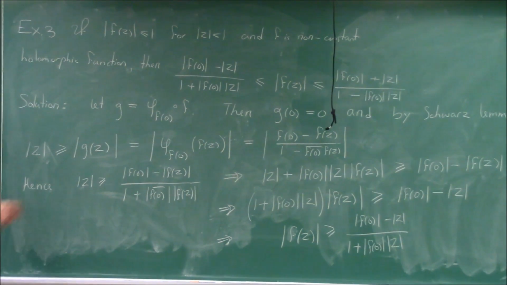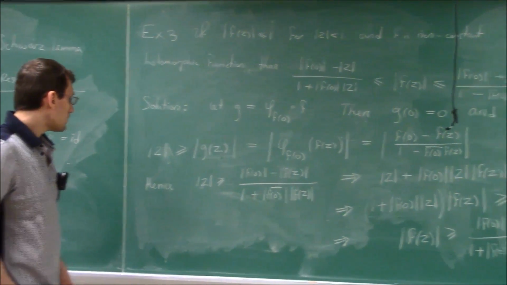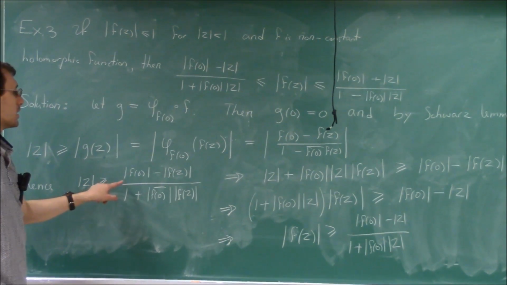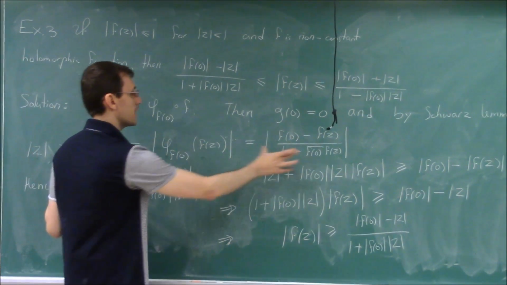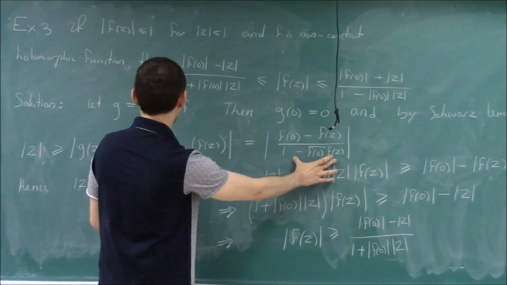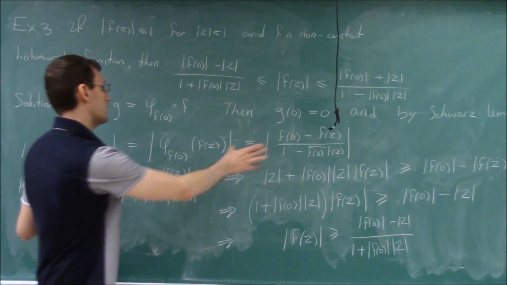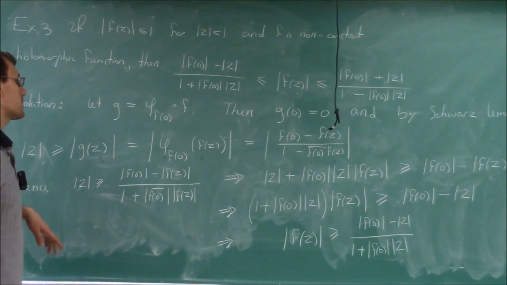So Schwarz Lemma tells us that the magnitude of g of z is less than or equal to the magnitude of z, with equality holding if and only if g is a rotation. Hence, we have that magnitude of z is bigger than this quantity. That's just evaluating the composition of functions. Now, I can create a smaller quantity than this by appropriately expanding the absolute value.